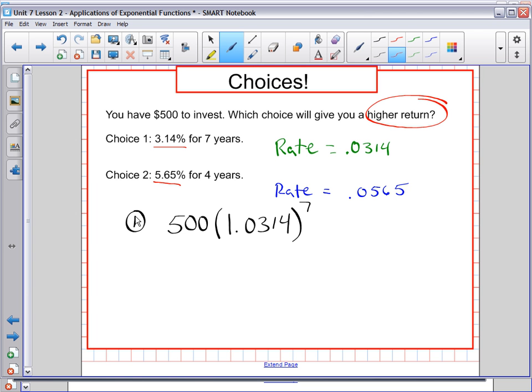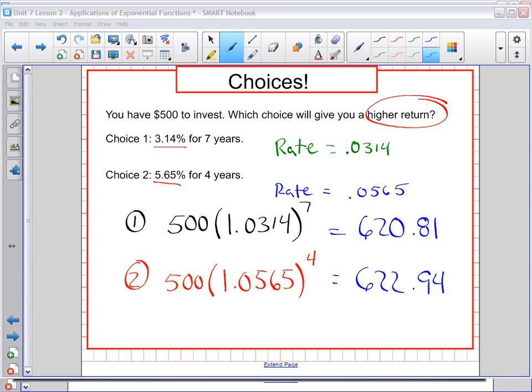For the second one, we would have our initial value times 1 added to our growth rate, and we would be raising that to the 4th power. So choice 2 just barely edges out choice number 1, but it is the better investment by about $2.